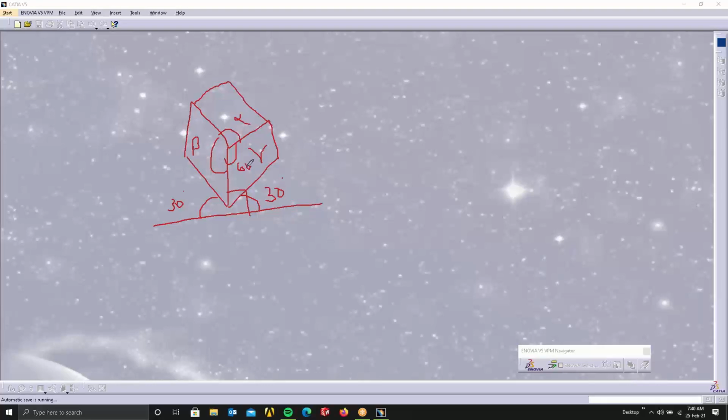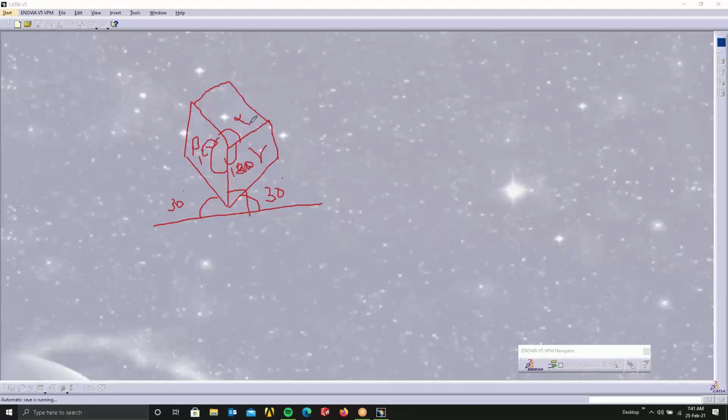That is in the corner. So 180 minus 60 is 120. Yeah, it will come 120. So here beta is also 120.